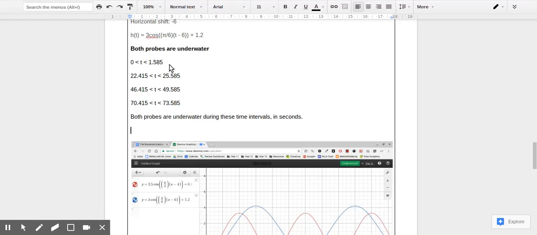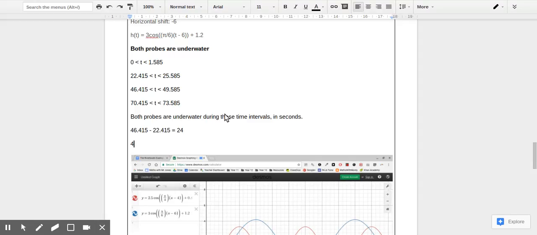Okay, now what we can see is between 22 and 46 and 70 and 25 and 49 and 73, it looks like there's a bit of a pattern. So if we go 46.415 minus 22.415, you see that is equal to 24.